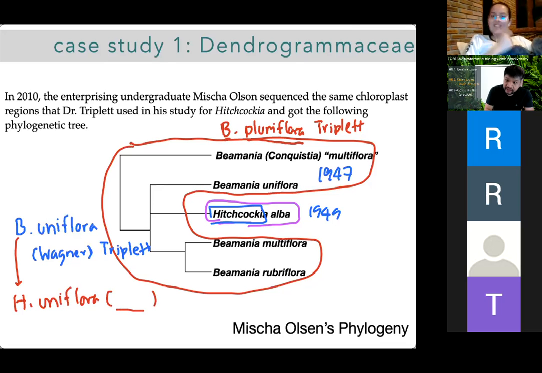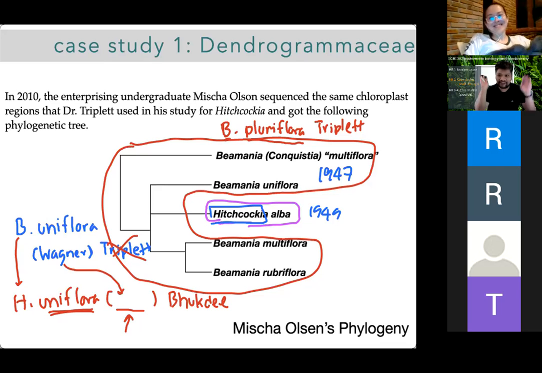So let's say Tu does this, so his name gets here. He's the one who does the combination, so you get the name there. But who goes in here, Wagner or Triplet? The answer is Wagner, because Wagner owned uniflora forever, and now Triplet is out of the picture because you made the wrong combination. Haha. So Triplet's gone. Wagner's still there because Wagner is the owner of uniflora.